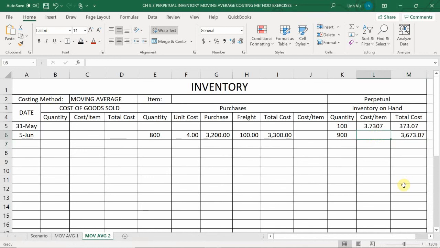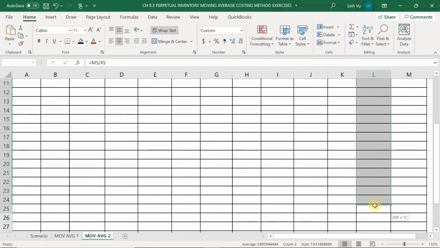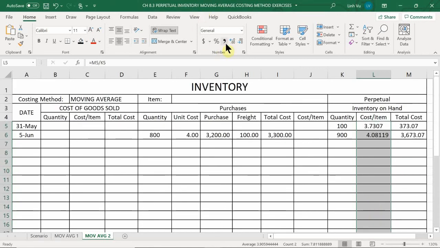Which then brings my new average cost per item to be $4.08119. I'm going to change all of these to show exactly that many decimal points. Now I've bought new inventory since it cost me $4 instead of $3.73. That definitely brought up my average cost by a lot. So now it's at 4.08119.